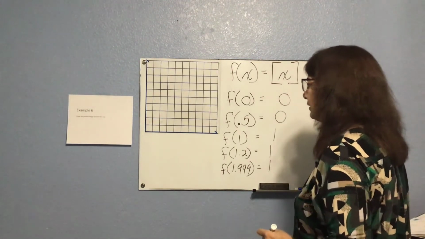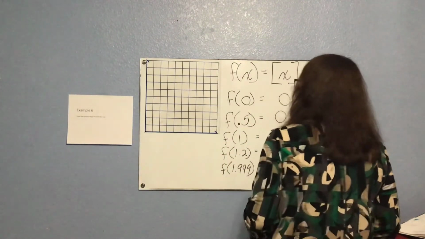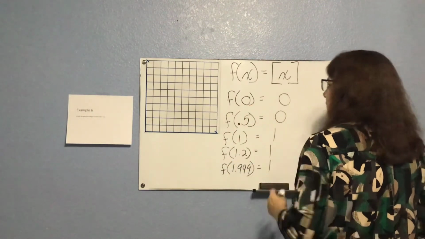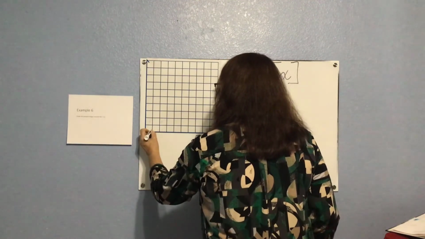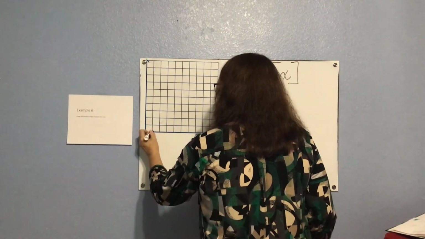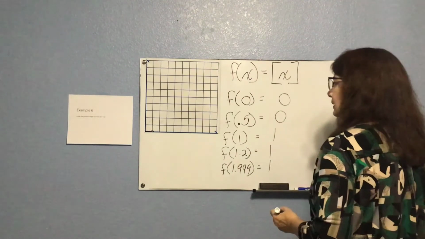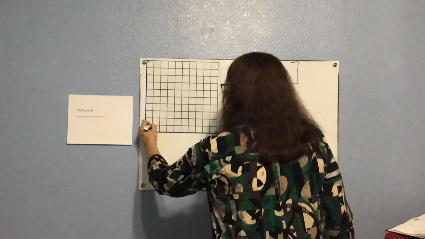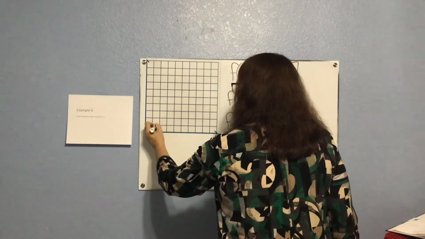So to graph a greatest integer function, I'll start here at 0, 0. And for x equals 0 all the way up to 1, but not including 1, the value is 0. So I'm going to make an open circle here and draw a line between 0 and my open circle. Now the value is 1, beginning at 1 and going all the way up to 2, but not including 2.